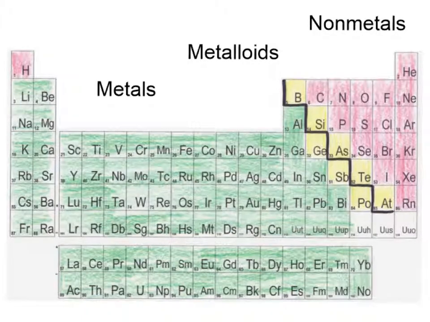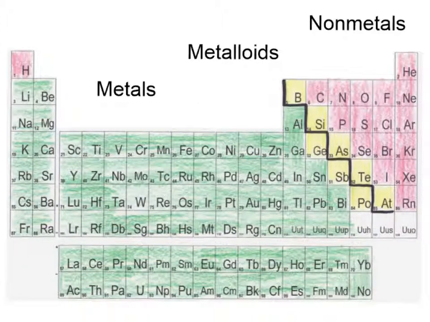We can also divide the periodic table of elements into groups of metals and nonmetals, and there are also a few metalloids. So these elements here that are in green, those are all of the metals, and you probably recognize some of them: gold, nickel, copper, iron.